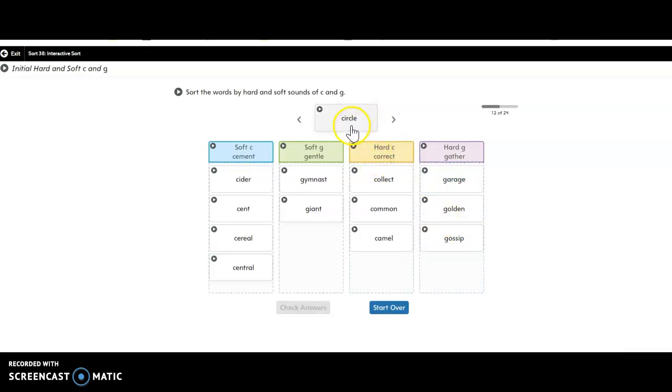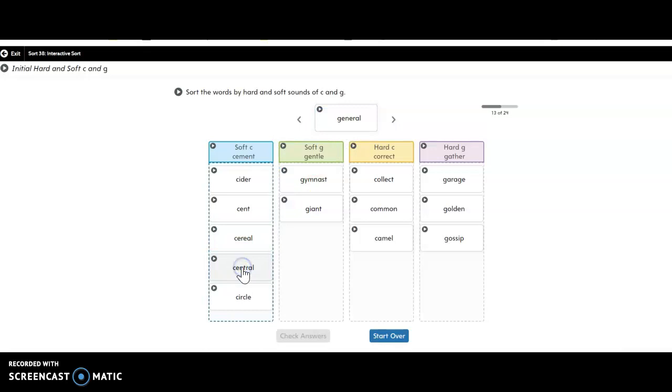Circle. That's a soft C. J, j. General. That is a soft G. We don't say general, right? That's not how we say this word. Next, custom. The tradition that you have, or a habit. It's by custom to always eat toast in the morning. Custom. K, k.